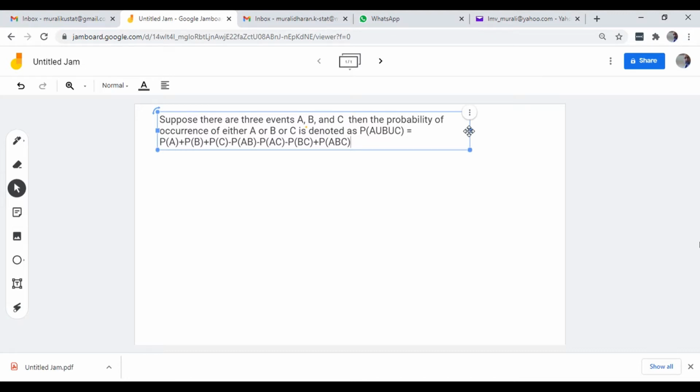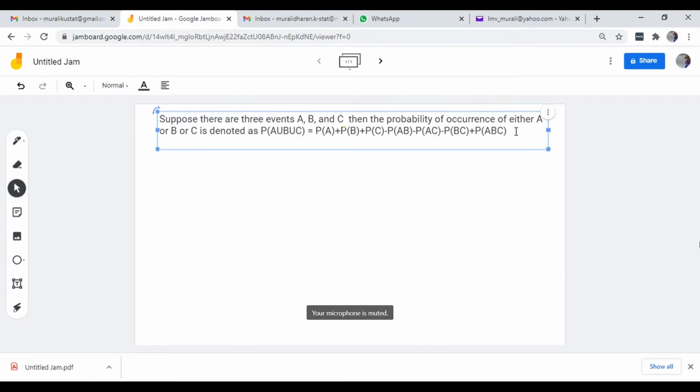If events are mutually exclusive, then P of A union B union C is simply equal to P of A plus P of B plus P of C. No intersection part, no joint intersection, nothing.